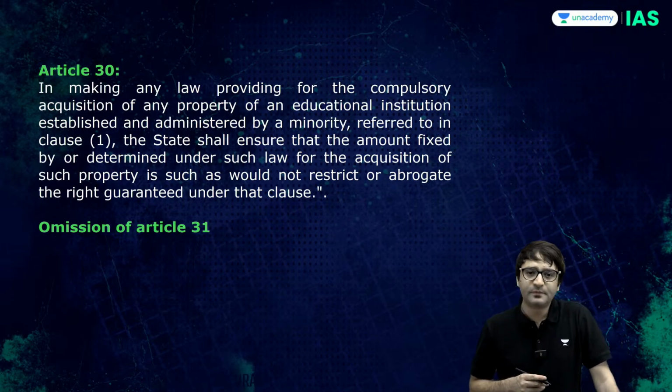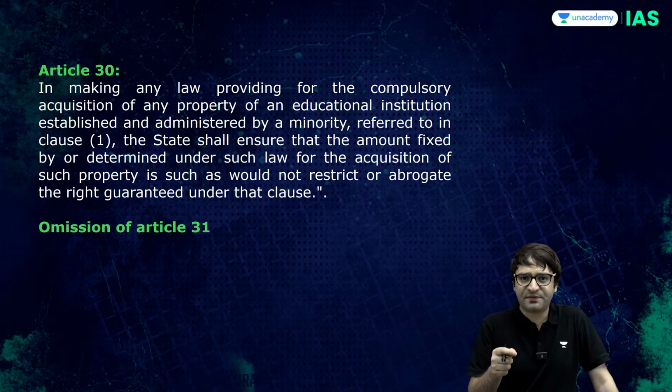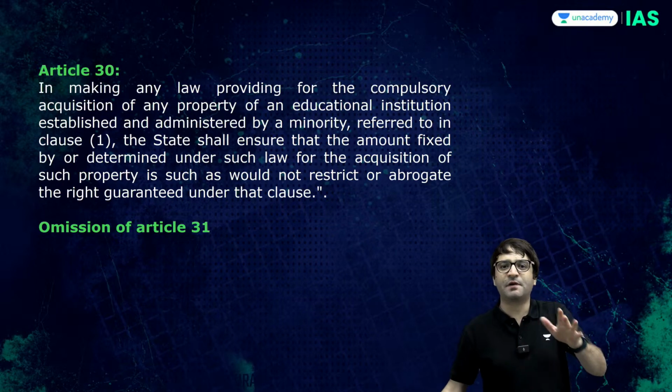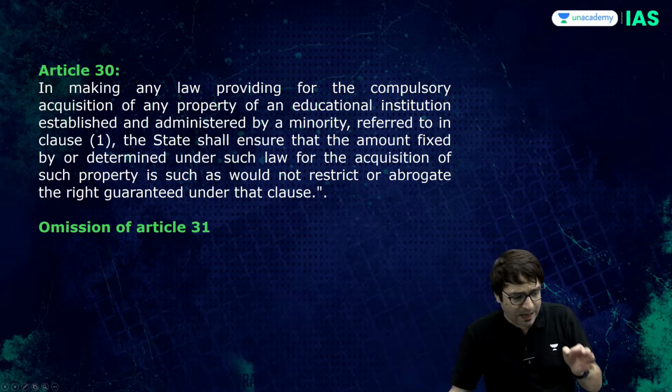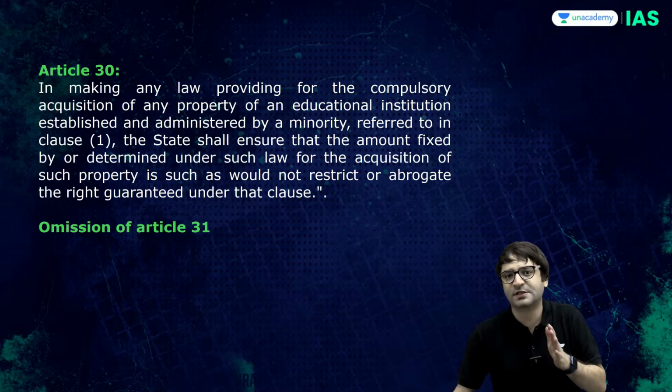Something else. Article 30, which talks about all minorities, whether based on language or religion, they will have the fundamental right to establish, manage, and administer educational institutions of their choice.